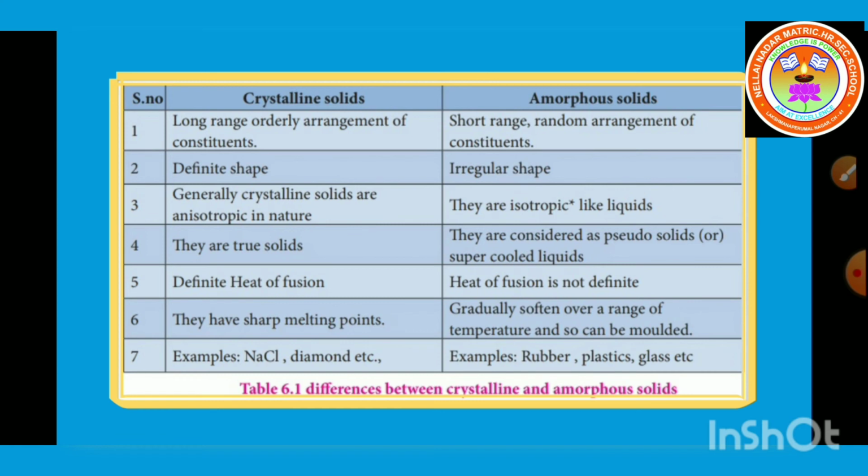What are the examples of crystalline solid? The super examples are NaCl and diamond. Amorphous solid examples are rubber, plastics and glass. Now clear the difference between crystalline and amorphous solid. This is an important 3 marks question in this chapter.